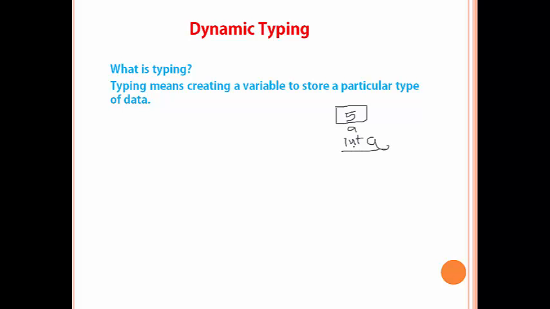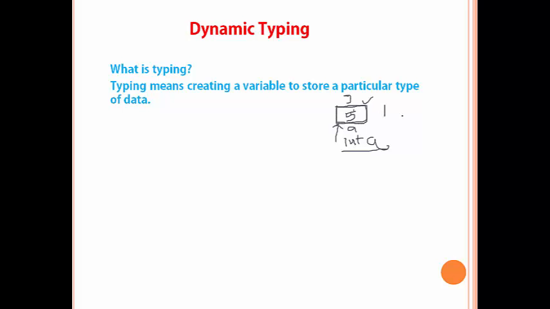So while writing this, the variable a, or the memory location whose address is a, will store only integer type of data. If you want to put other string type of data into it, it won't accept. If you want to put your name here, it won't accept it because it is already assigned that it will store only integer type of data.